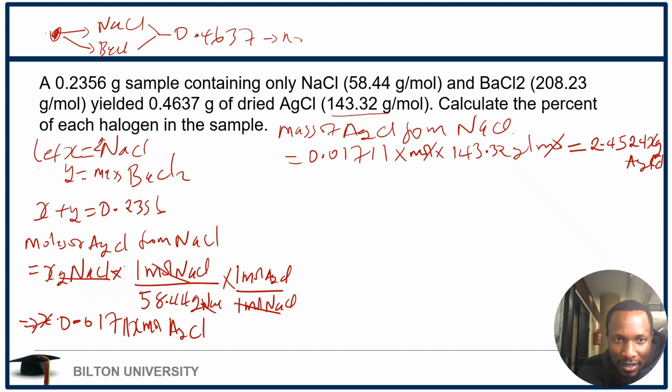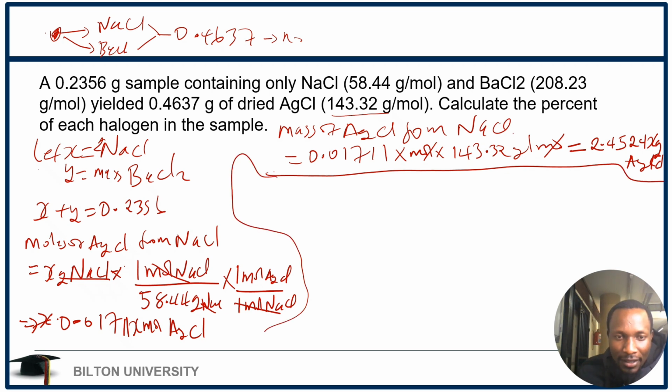Once we have reached here, we are going to do the same for barium chloride. So moles of silver chloride from barium chloride. For each formula unit of barium chloride, you get 2 moles of chloride ions, which gives silver chloride.